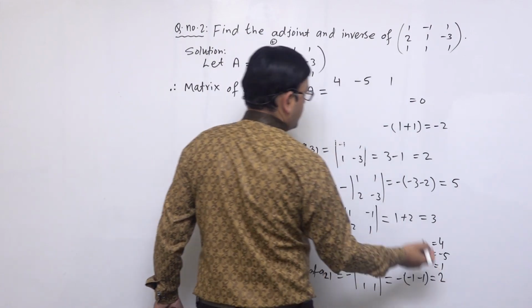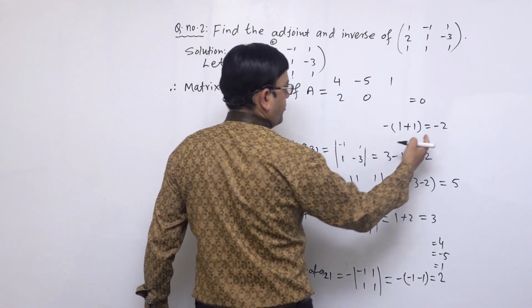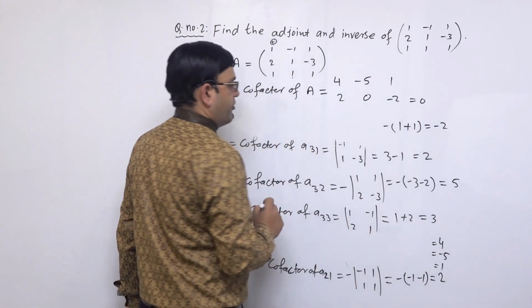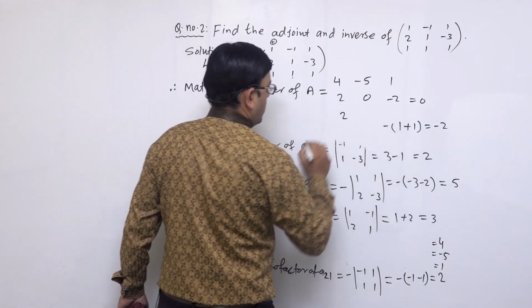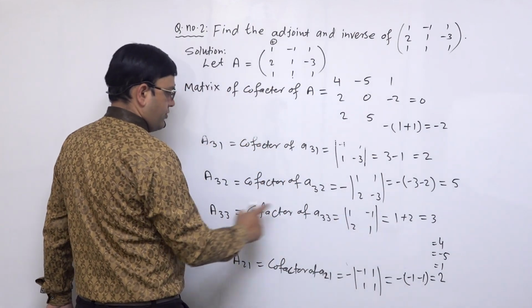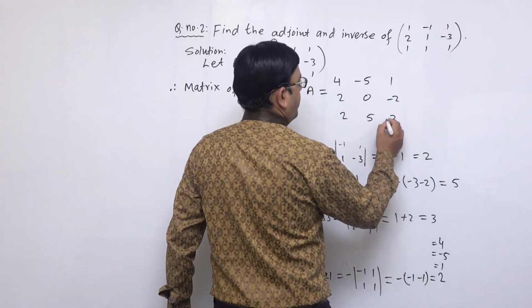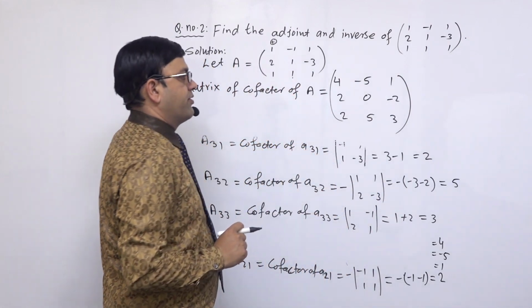Similarly, 2 1 is 2, 2 2 is 0, and 2 3 is minus 2. Similarly, 3 1 is 2, 3 2 is 5, and 3 3 is 3. This is the cofactor matrix of A.